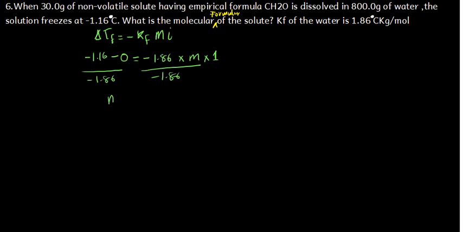So the molality is going to become about 0.623655914 mole per kg. Now that we've determined the molality, we can get the number of moles from here. We know that molality is given by the number of moles of solute divided by the mass of solvent.